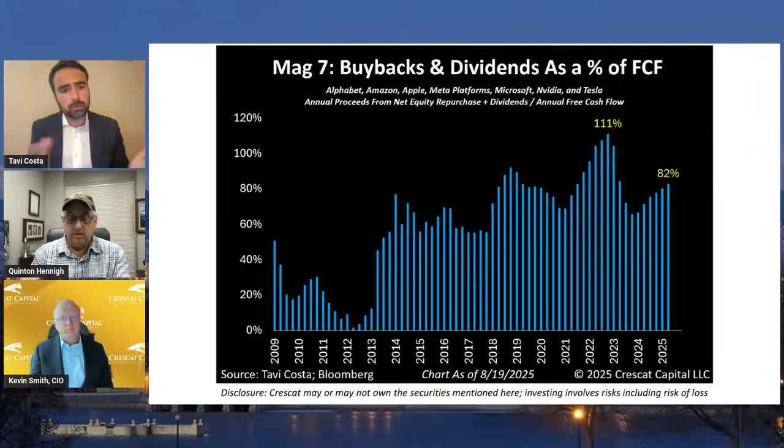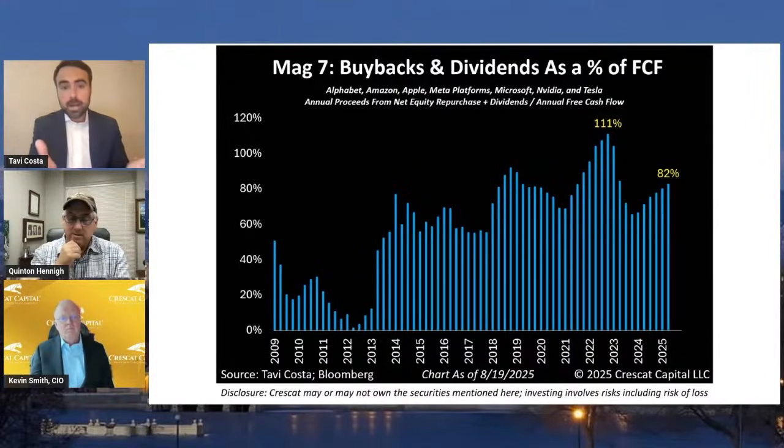There's another possibility of where the money could come from: their free cash flow. So if you think about their free cash flow, generating about $450 billion, right? So $500 billion every year these guys are producing now in free cash flow. Okay, well, we haven't seen the spending yet, like they've been claiming that we're going to be spending. 80% of that free cash flow is going back to shareholders today through buybacks or through dividends.